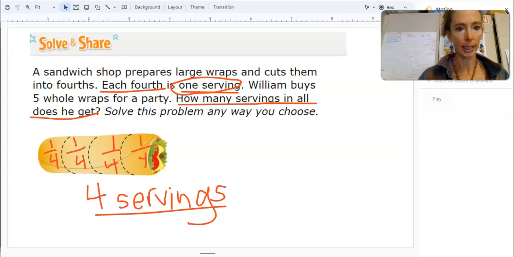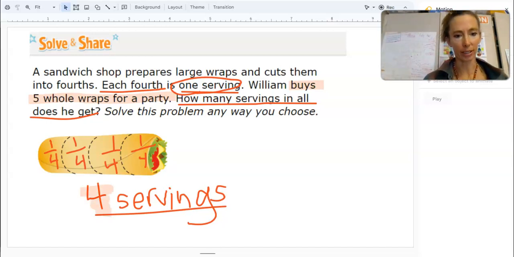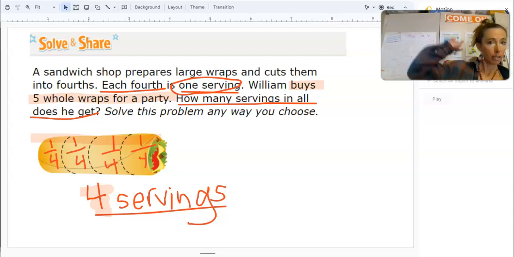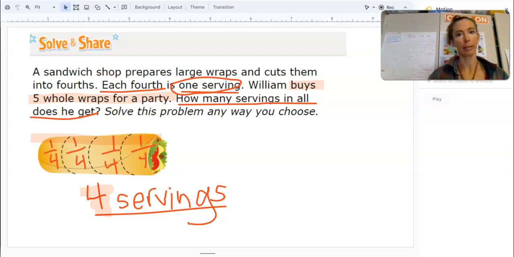I'm going to highlight it. William buys 5 whole wraps. Yeah, so for this party, he doesn't just have 4 servings, because he has more than just 1 wrap. So if you put your finger on 5 whole wraps, finger high five for you. Good job, okay?